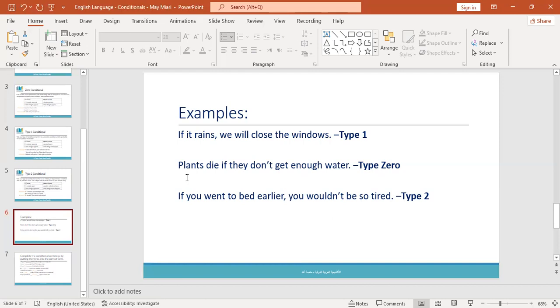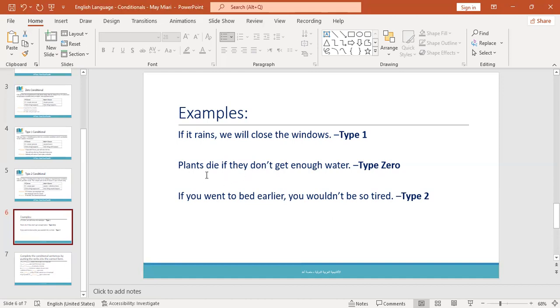For the second sentence, plants die if they do not get enough water. For this conditional sentence, we started with the main clause, which is plants die. Then we added the if clause, which is if they do not get enough water. In both clauses, the tenses of the verb are in the present one.